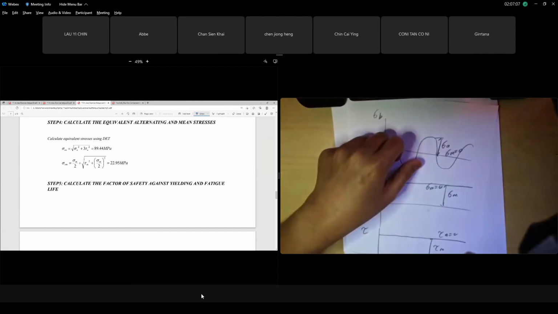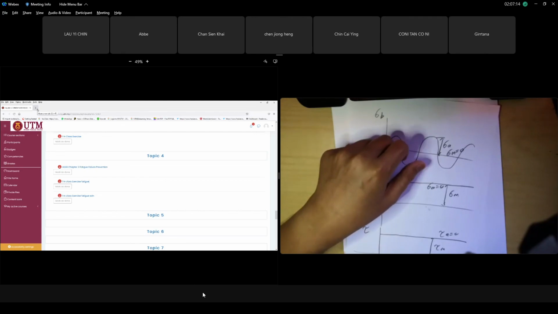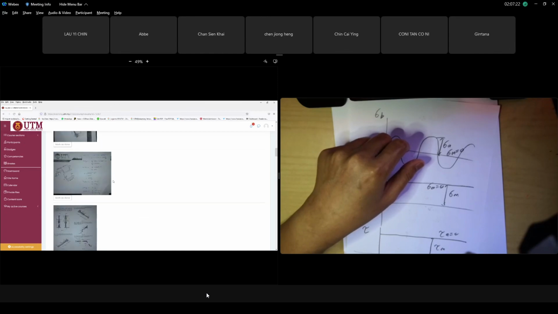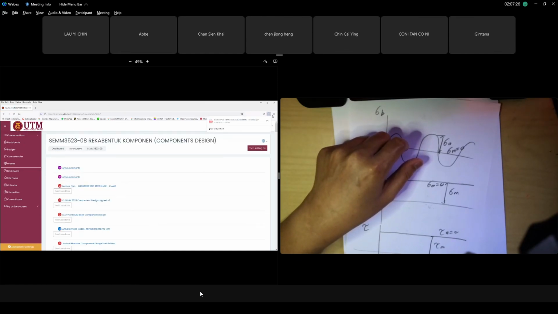Alright, we go for attendance. After raya, I'm not sure. Yeah, after raya. If you look at your course plan, the CI mentioned it, it is written in your lecture plan.